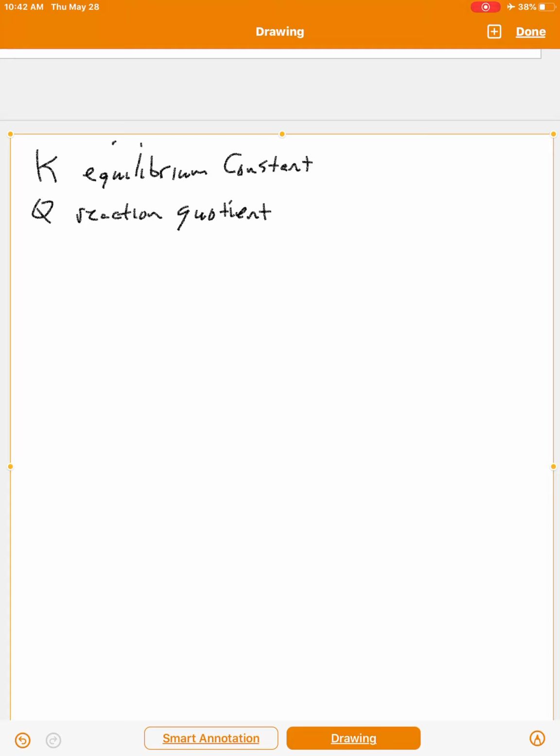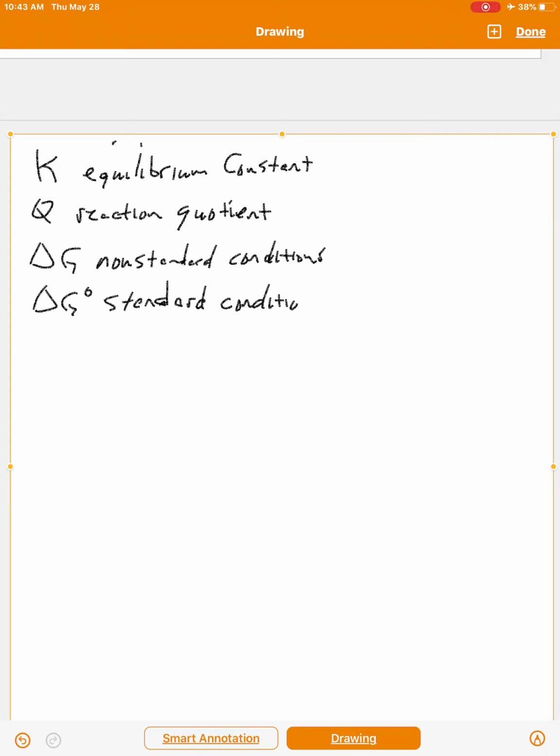The equilibrium constant is the products over the reactants if we're at equilibrium. And then we have delta G, which is under non-standard conditions. And then we have delta G naught, which is under standard conditions, more stringent. 1 molar for solutes, 1 atmosphere for gases.